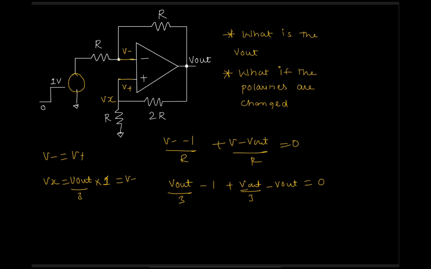Okay, I think I made some mistake. No, it's correct. So this goes to V out by 3 plus V out by 3 minus V out is equal to 1, so V out is equal to minus 3 volt. So this is the answer.